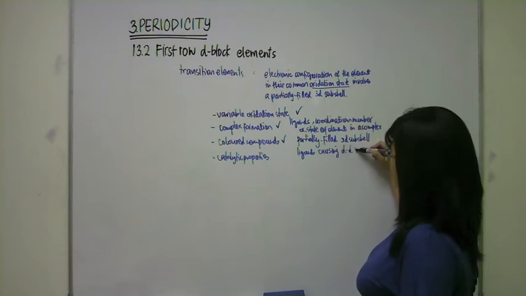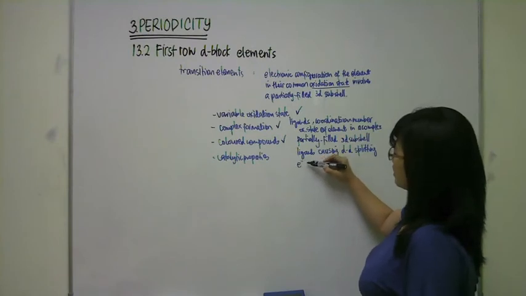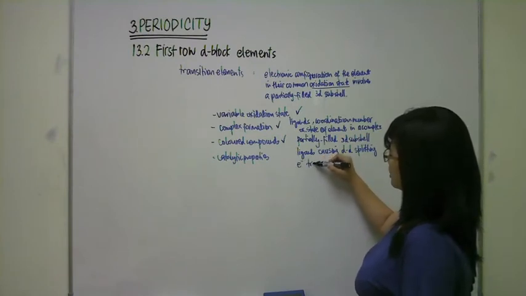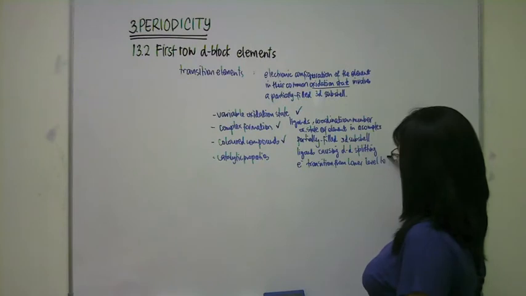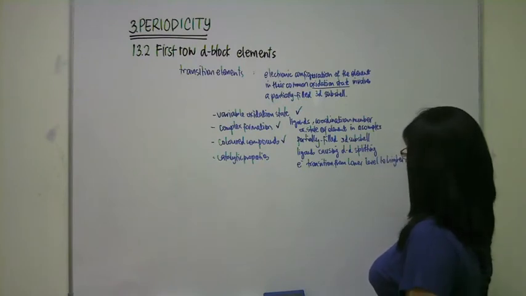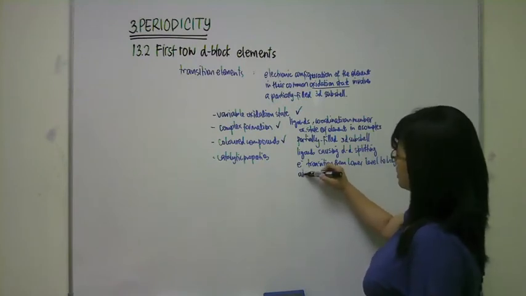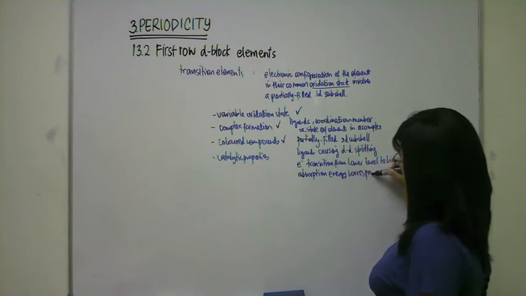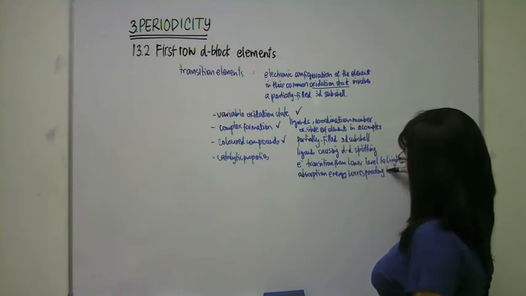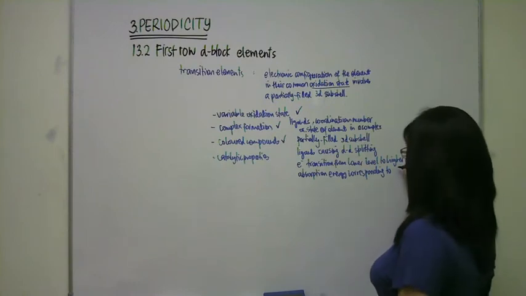causing DD splitting. Okay, and then electron transition from lower level to higher level. Absorption of energy corresponding to energy of visible light.